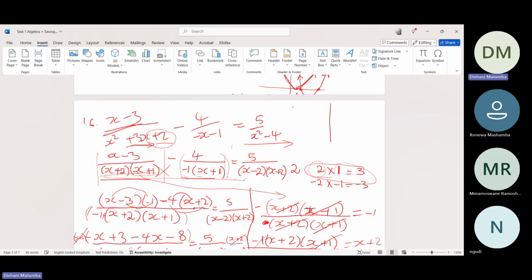The first is x plus 2, and the second is x plus 1. Do we have any other factor? The answer is no. Okay, let's move to the second term. So this is term 1. If you move to the second term, how many factors do we have on the denominator? Mam Swan.